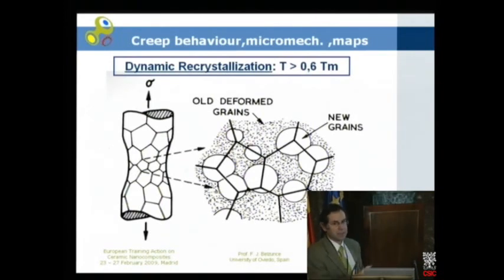So the microstructure is modifying, and usually this new structure is less creep resistant than the previous one. So this is a problem which needs to be avoided.